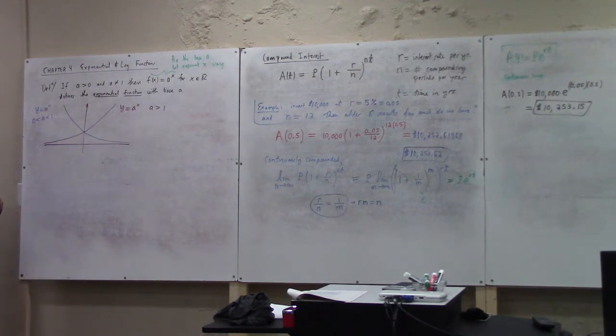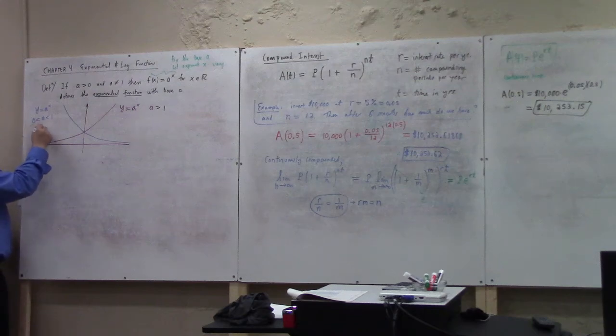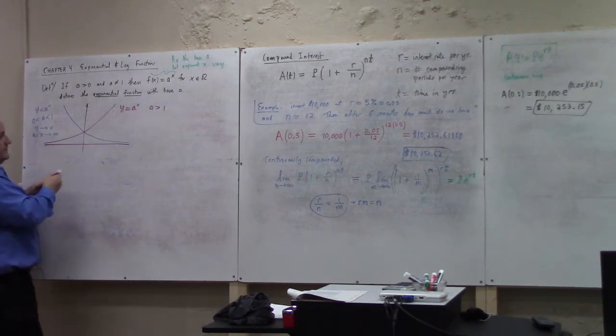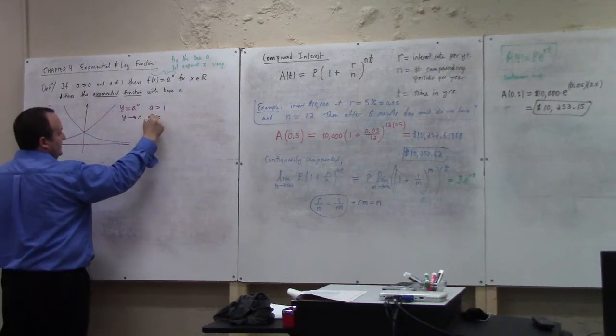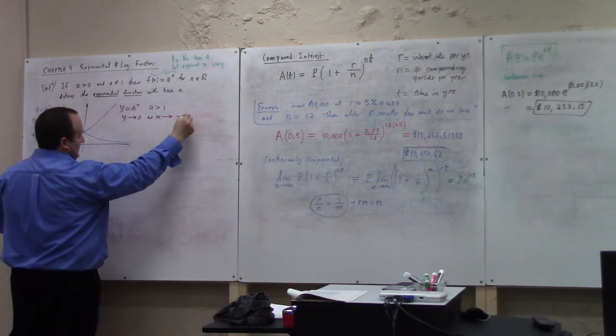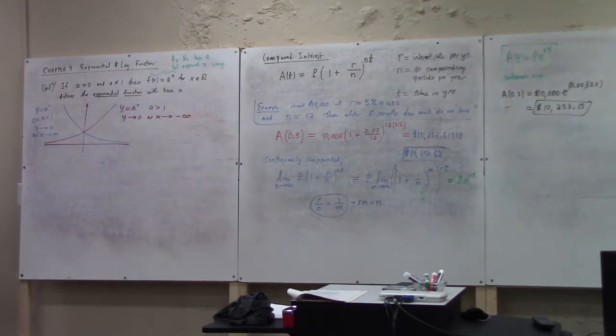So here, y goes to 0 as x goes to infinity. On this side, y goes to 0 as x goes to minus infinity. So they both have horizontal asymptotes, but on opposite sides. But they have the same y-intercept. They all intercept at 1, so (0, 1) is the y-intercept for all of these.